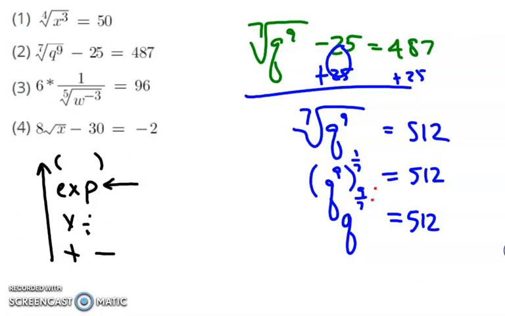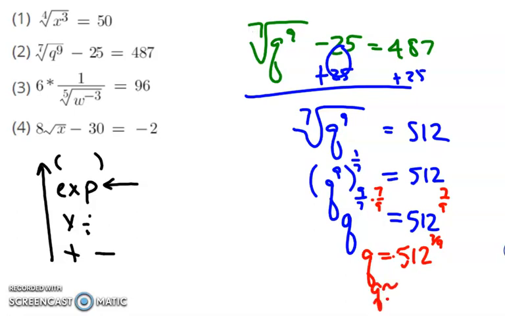To get an exponent of 1 on the q, we need to multiply both sides by the reciprocal of the exponent. So 9/7 times 7/9 gives 63 over 63, which is 1. So q is equal to 512 raised to the 7/9 exponent.